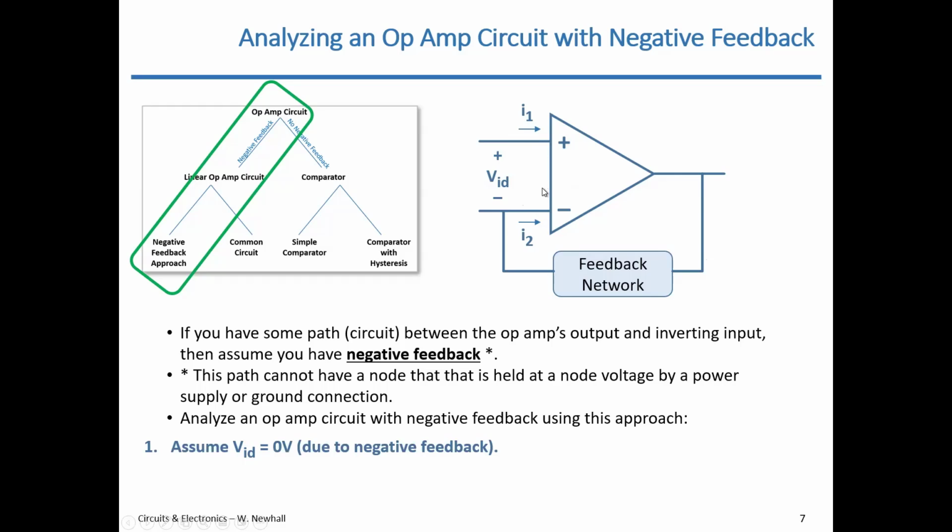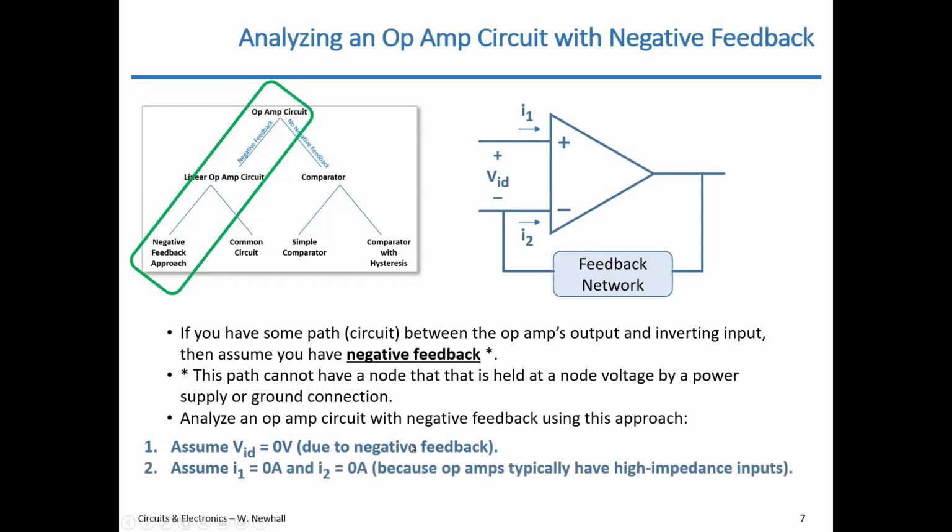It's not going to be exactly 0. It might be microvolts, maybe even a few millivolts, but it's going to be really small compared to all the other voltages in the circuit. So bottom line, when you have negative feedback, the voltage between the two input terminals goes to almost 0. Just assume 0 for now.